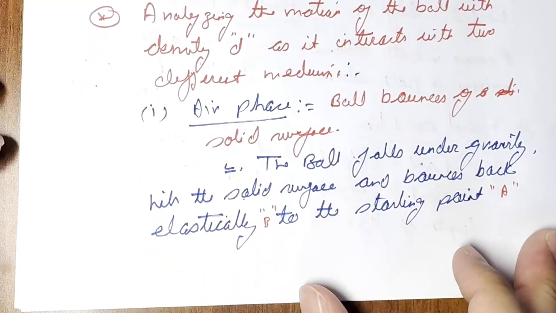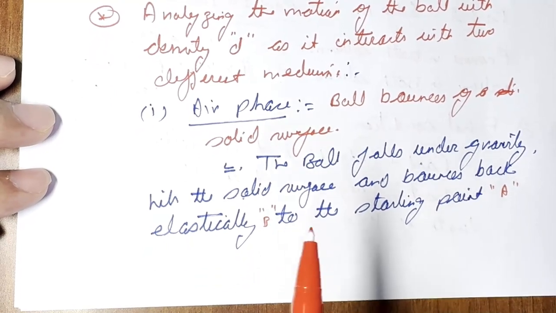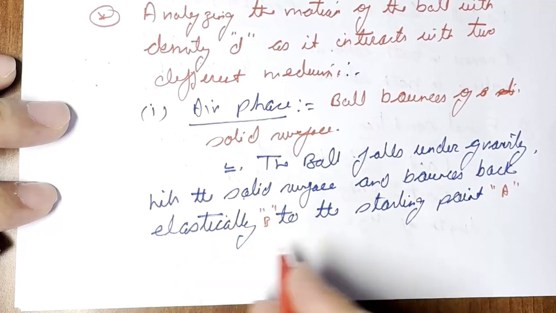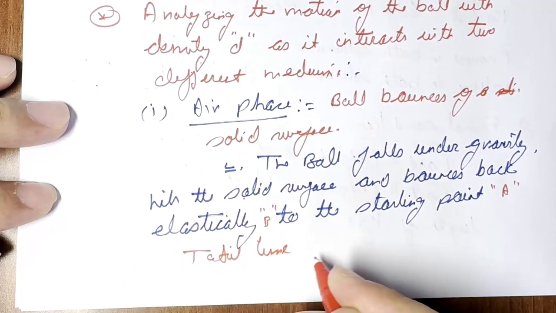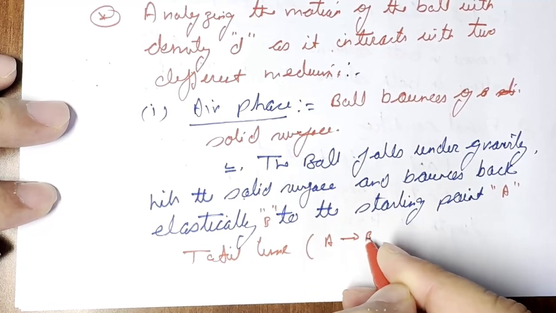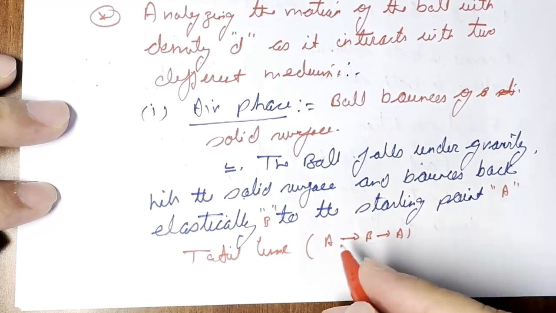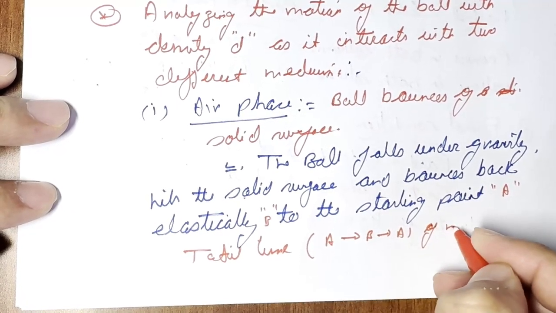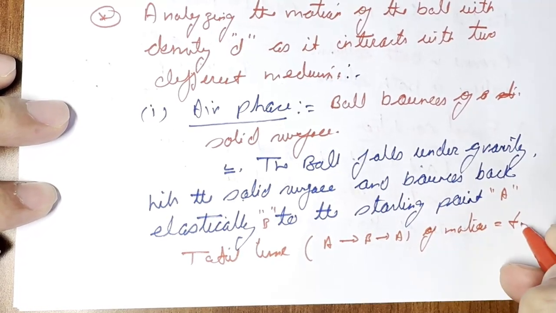So the total time that is given in the question is T1. The total time, which basically means from A to B and from B back to A, the total time of motion is equal to T1.